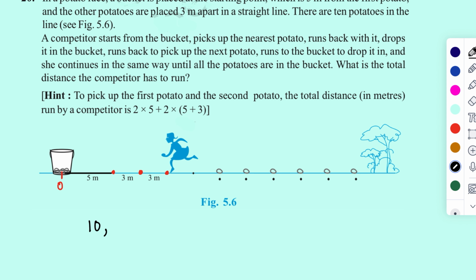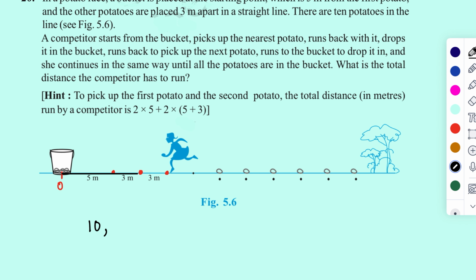And to take the second potato, suppose the competitor wants to pick up the second potato, then he or she has to again cover 8 meter to pick up the potato, and again he or she has to come back 8 meter distance to put it in the bucket.